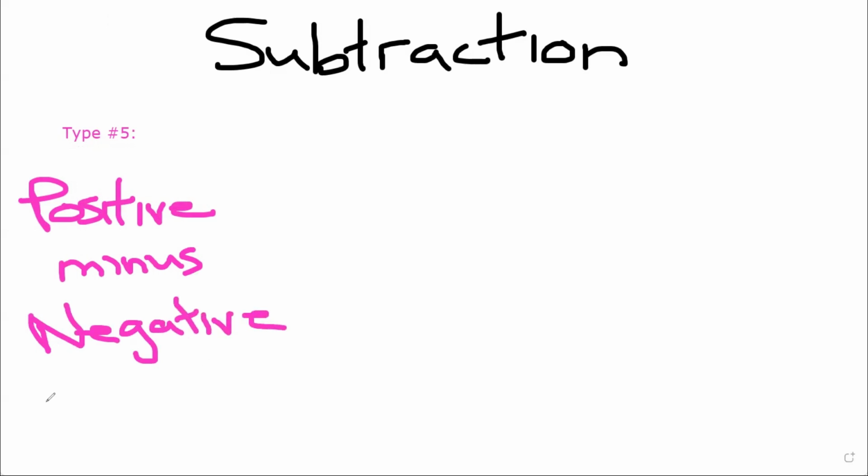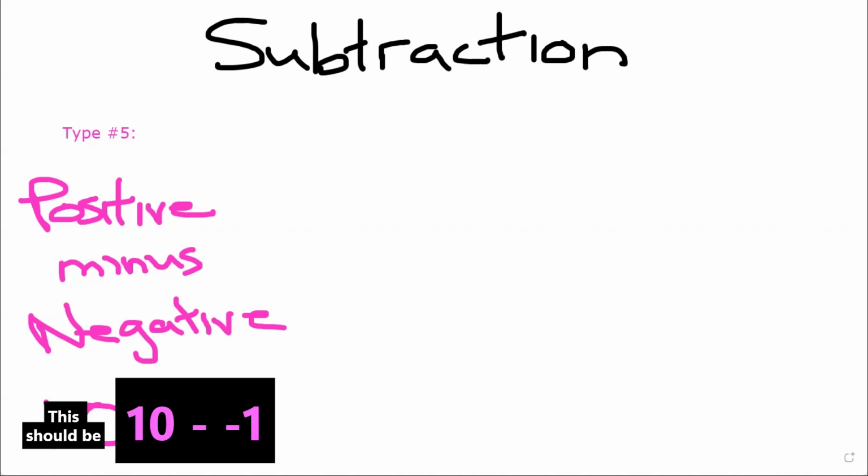It's problems that look like this: 10 minus -1. Okay.